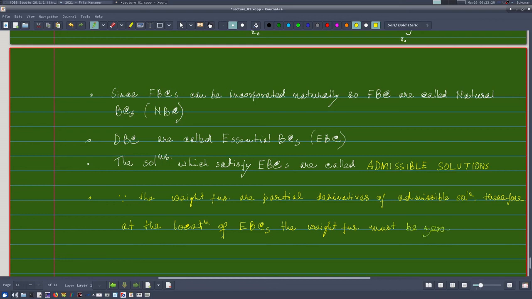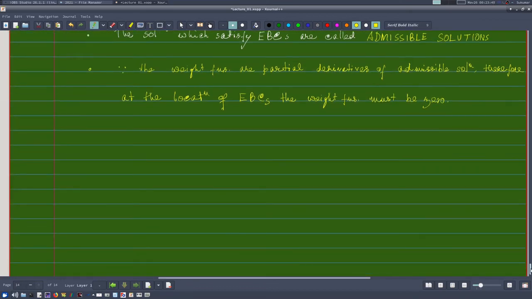Is it clear? Because the essential boundary conditions are some constant values at those locations. So their partial differentials must be zeros.